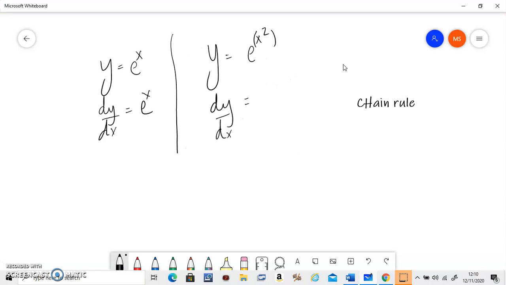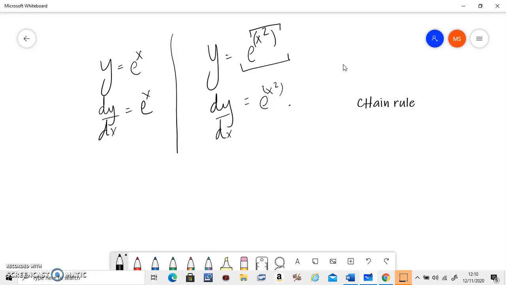It is that you differentiate the whole thing first, times the differentiation of the bracket. Differentiation of the whole thing remains as it is because it's e to the x square, because e, exponential, remains as it is, times the differentiation of the bracket.